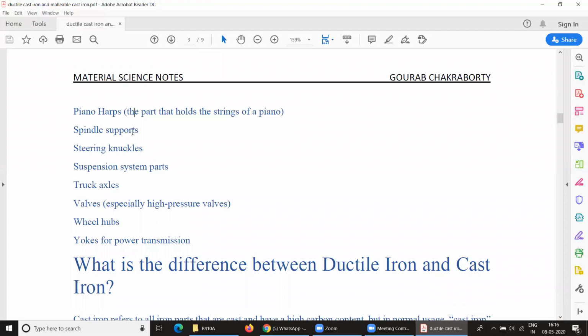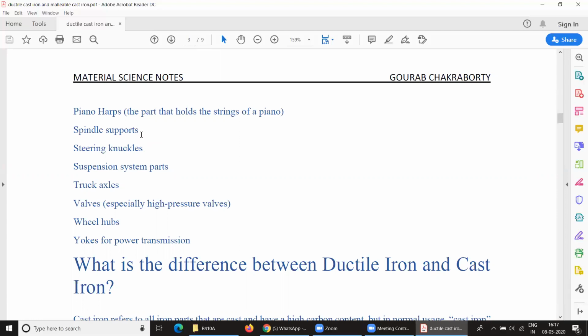The spindle supports are made with ductile iron. The steering knuckles are also made with ductile iron. Suspension system parts, truck axles, this is a huge one. Truck axles are also made of ductile iron.